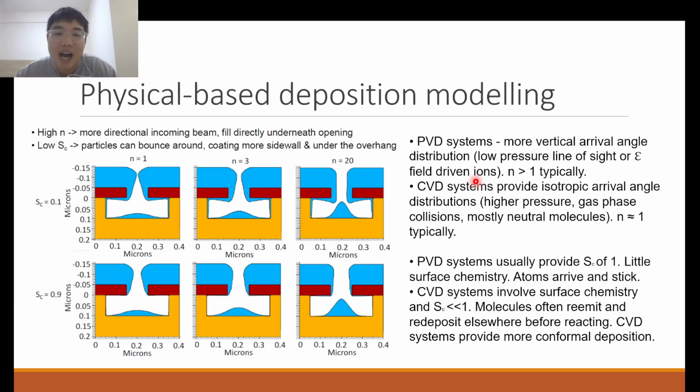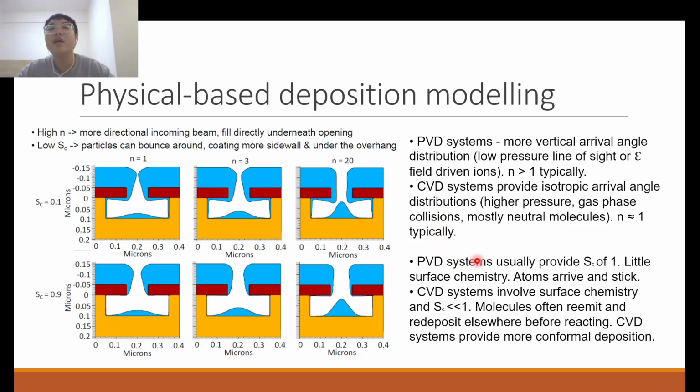Your pressure is higher, there are gas flows, so it is harder to achieve directional travel of your species without collisions or being scattered off course. As a result, the arrival angle of your species is less directional. It's more isotropic.